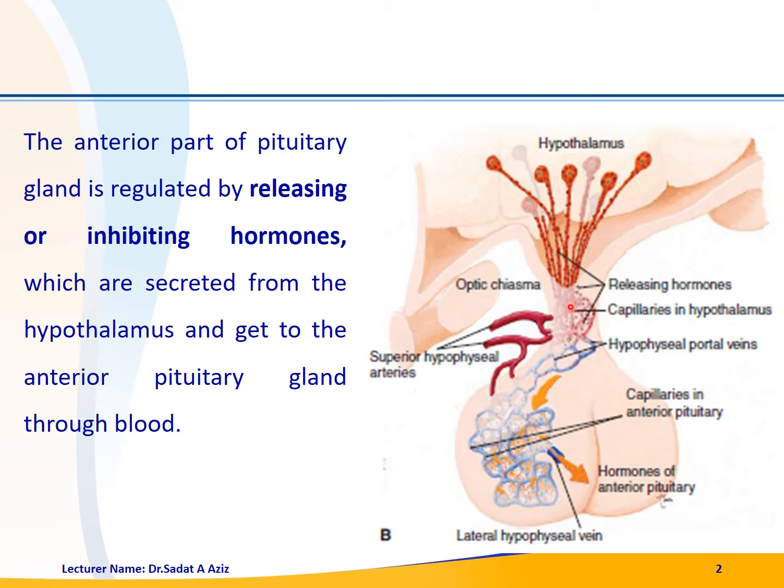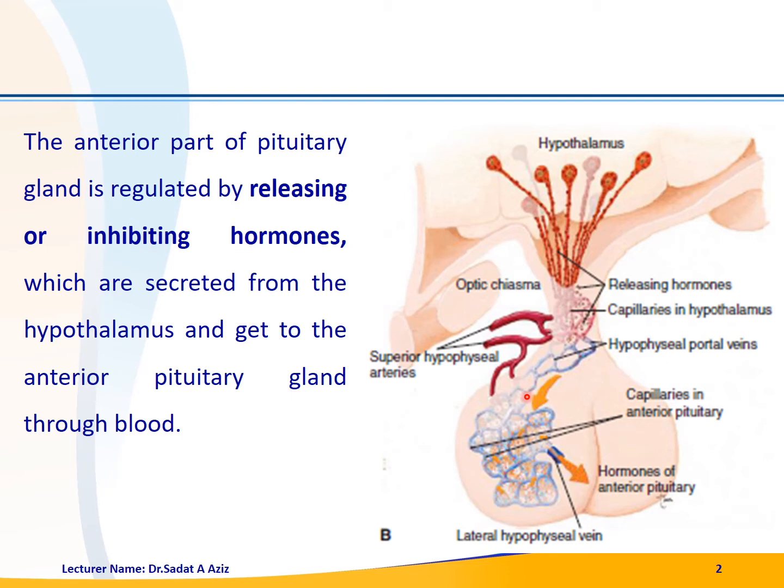from the hypothalamus to the anterior part of the pituitary gland through a specific arrangement of blood vessels, and these blood vessels can form a network of capillaries, a mesh of capillaries within the hypothalamus, and then they can again form another network of capillaries and blood vessels within the anterior part of the pituitary gland.